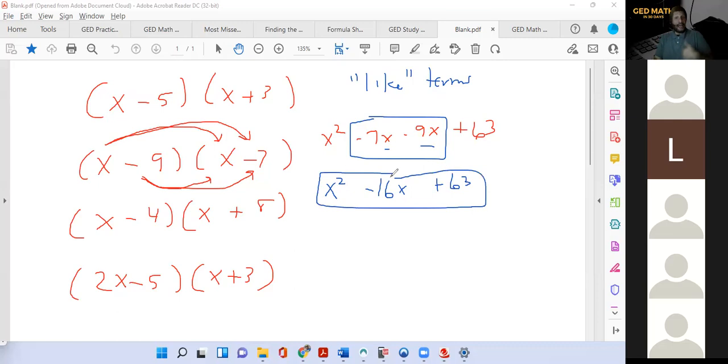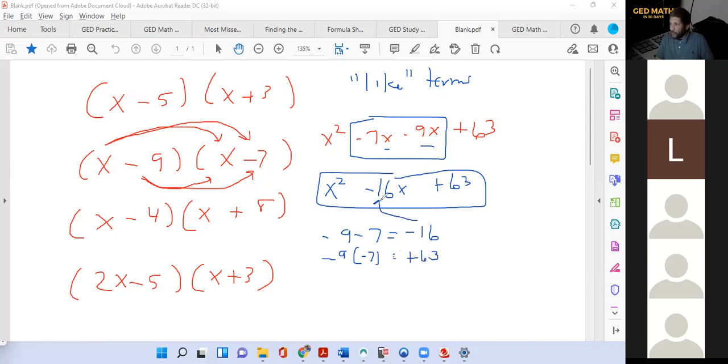So again, my shortcut is this. I see the x's, they're the same. So then I'm going to look at the two numbers. So minus 9 minus 7, oops, I wrote minus 9 twice. Minus 9 minus 7 is negative 16. Minus 9 times negative 7 is a positive 63.